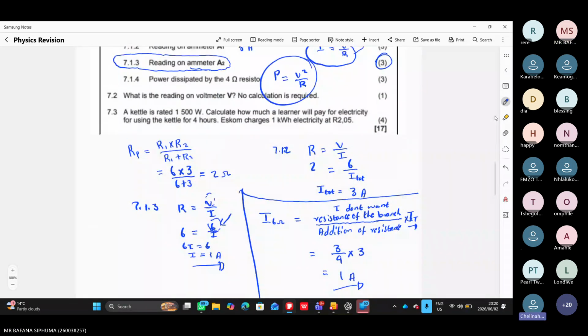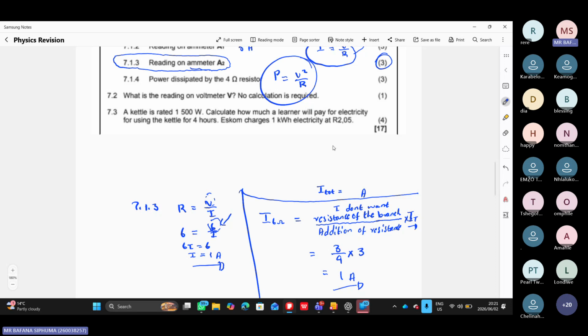Sir, I would like to ask, don't we use that formula which is V is equal to IR? Yes, you mean to find I squared R, right?